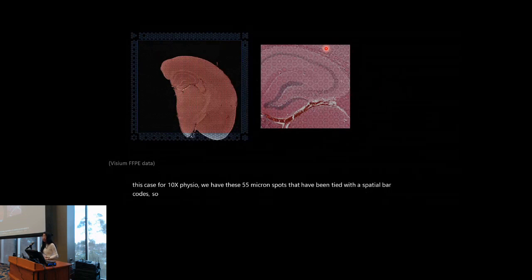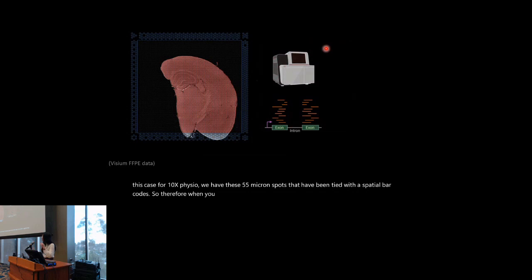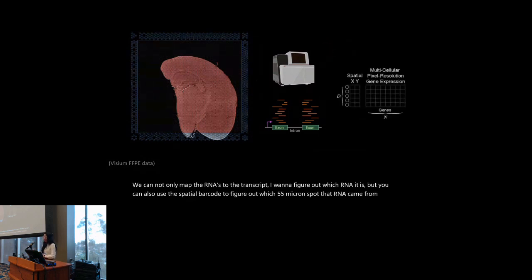So therefore, when you sequence the subsequent cDNA, you can not only map the RNAs to the transcriptome and figure out which RNA it is, but you can also use the spatial barcode to figure out which 55 micron spot that RNA came from. So then what we get at the end of the day is spatial positions of all the spots, but then also all the genes that have been detected in that spot.